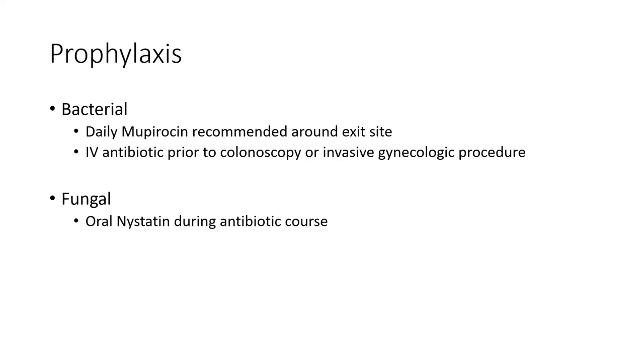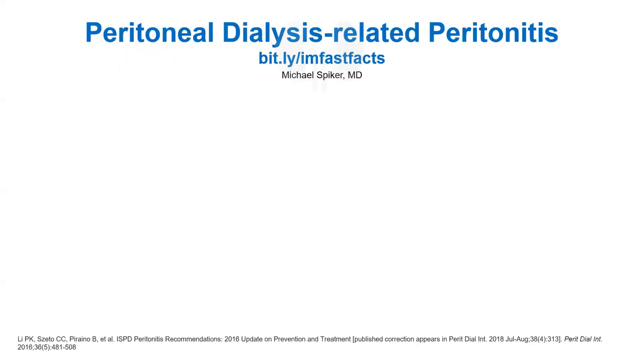For prophylaxis, to prevent bacterial infection, do daily mupirocin around the exit site. Patients on peritoneal dialysis who are going to get a colonoscopy or invasive gynecologic procedure need prophylaxis before those procedures. And then any patient on prolonged antibiotics should be on oral nystatin to prevent fungal peritonitis, which again is very unique to this population.